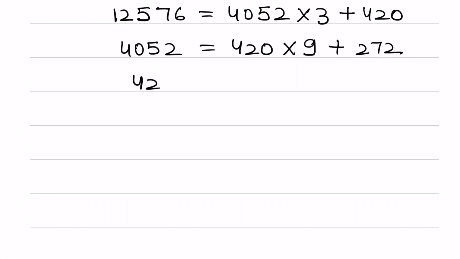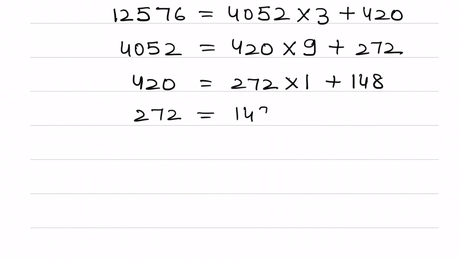This goes one time and we get the remainder as 148. Now the remainder is not 0. So again we apply the division lemma to 272 and 148. So 272 becomes the dividend and 148 is the divisor. Again one time and we get the remainder as 124.